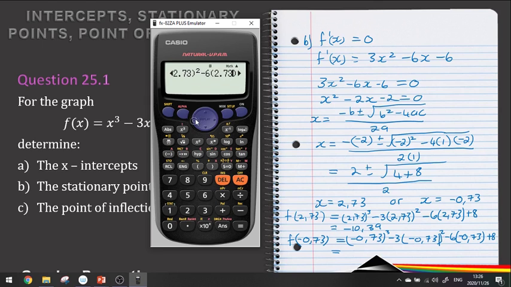Okay, so just to replace these values, we get 10.39.